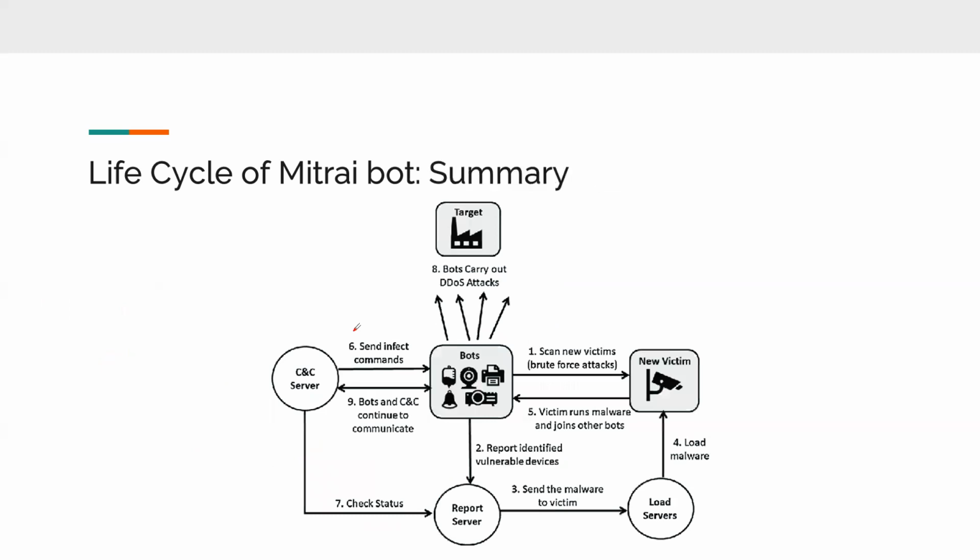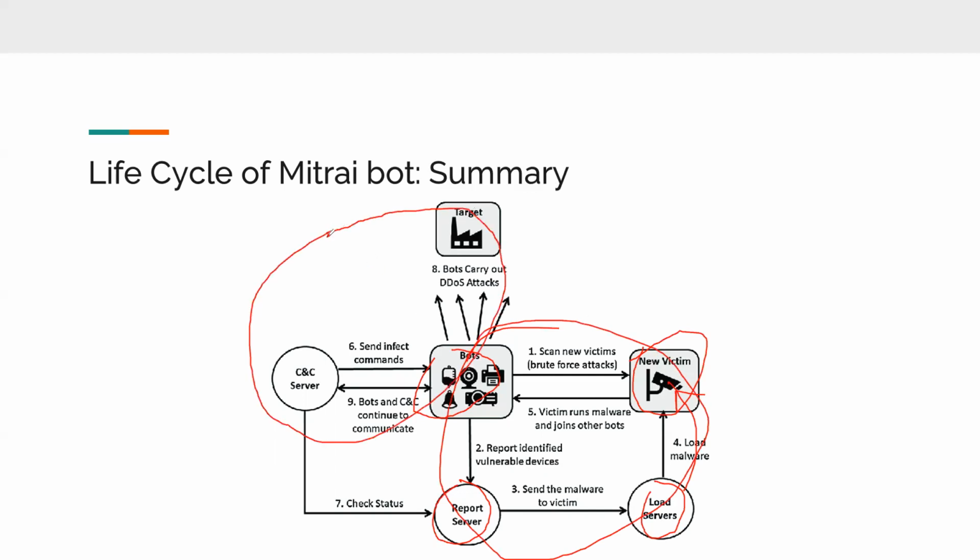And here is the summary. You can see the summary slide, where these are the bots. First, they are scanning for new victims. When they find vulnerabilities, they send them to the reporting server, and the reporting server to the loader server, and finally the loader server uploads the malware to the victim. That is how they reproduce. And this part is the performing of a particular attack.